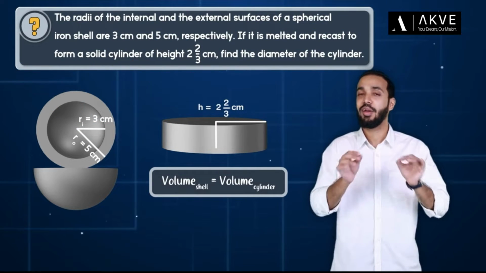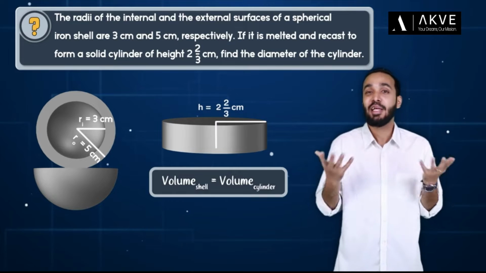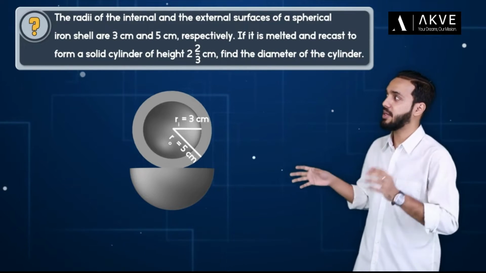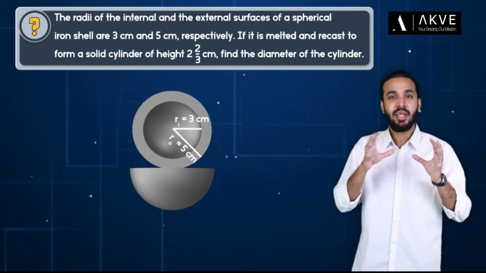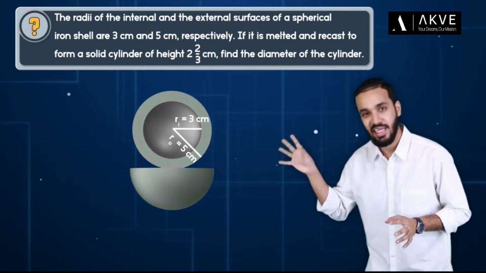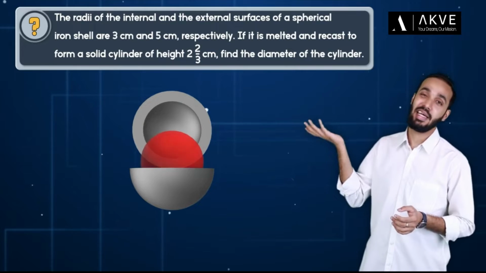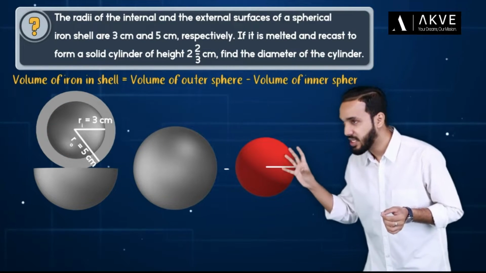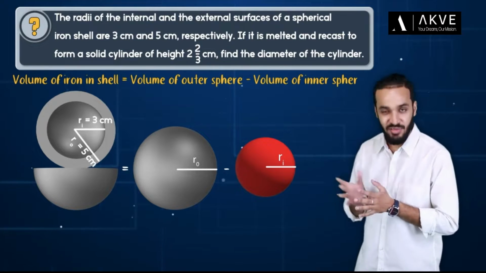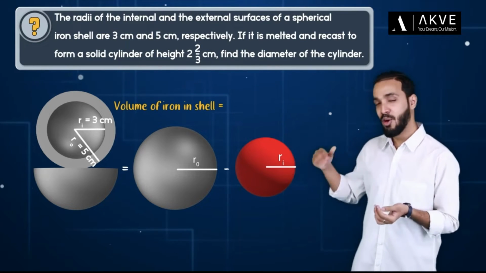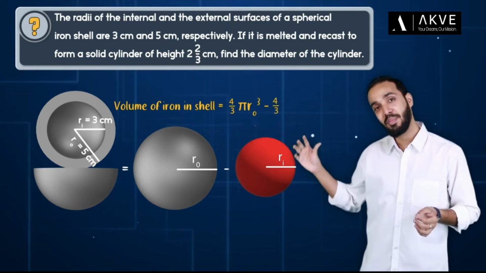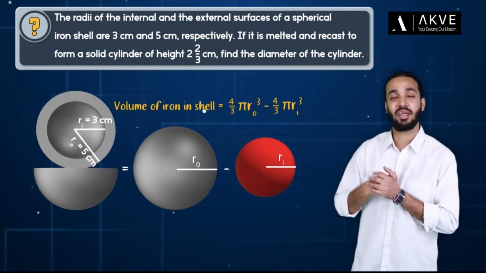Hey, you have solved enough questions of this type, so you know that to calculate the volume of iron that makes up this spherical shell, we need to find the volume of just this part because the rest is empty. For that, we need to find the volumes of the outer sphere and the inner sphere, which are going to be 4 by 3 pi Ro cubed and 4 by 3 pi Ri cubed respectively.